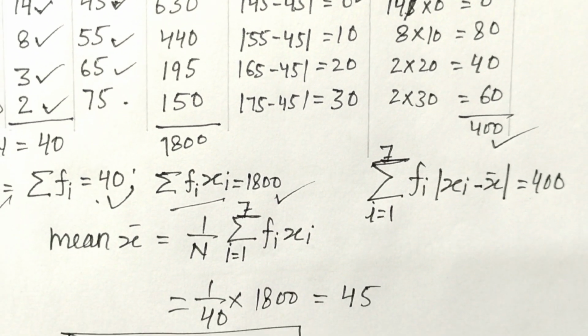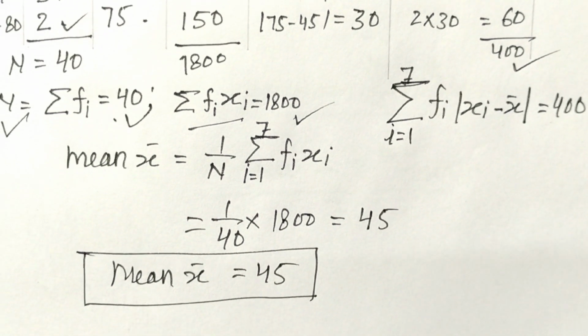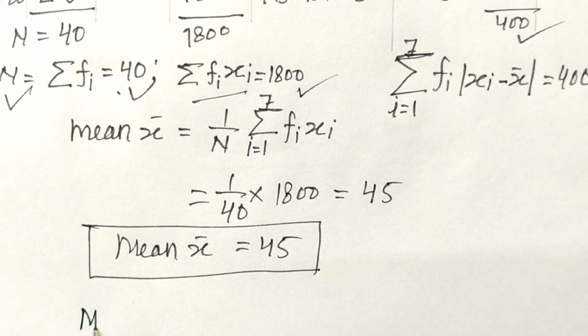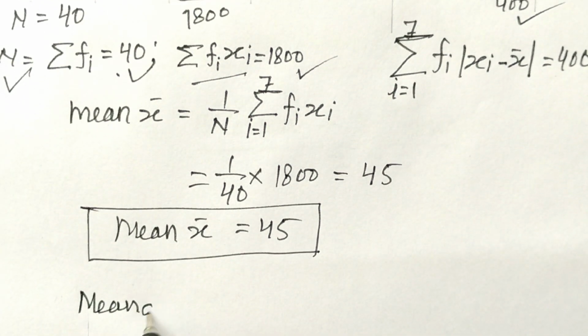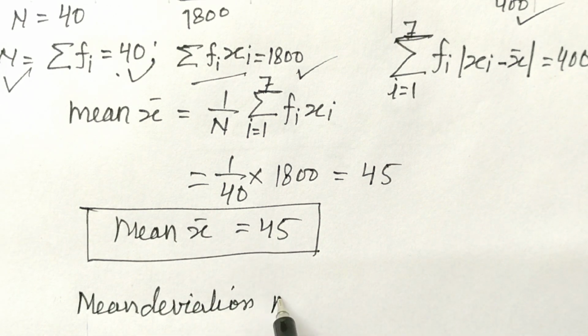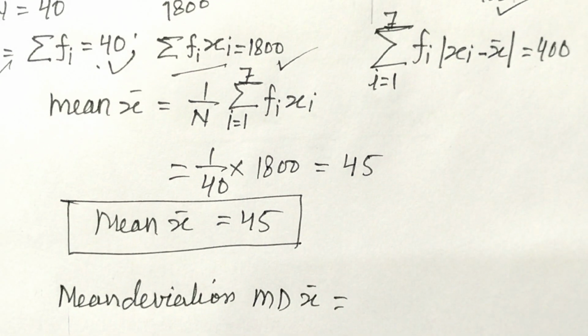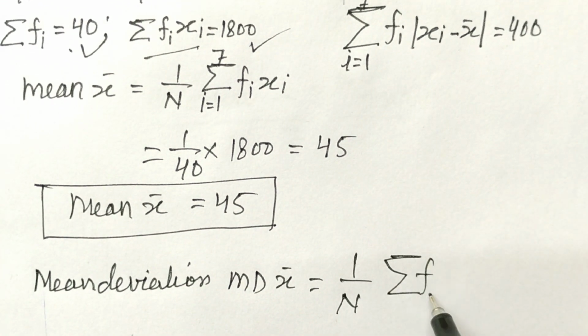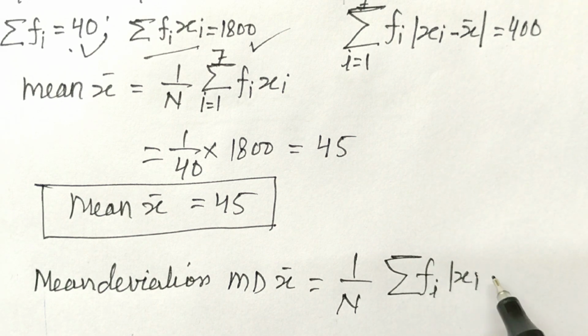Now we will find the mean deviation about the mean. Mean deviation is equal to 1 over n summation of Fi into mod of Xi minus X bar, right?